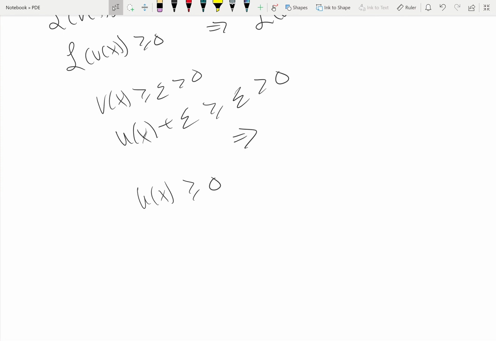So we know that the max of u is going to be equal to c times the maximum of f.